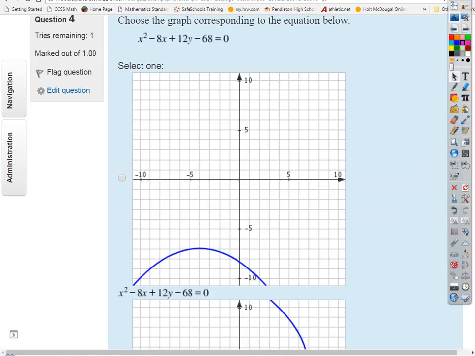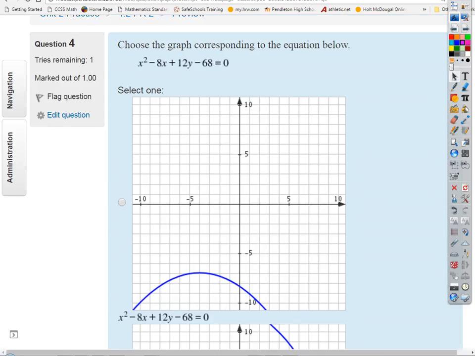So we're going to put this into the form x minus h squared equals 4p times y minus k, right? So we've got to do the algebra to make it look like that, which means we've got to complete the square for x, doesn't it? Right? Because we got an x minus h squared, right?